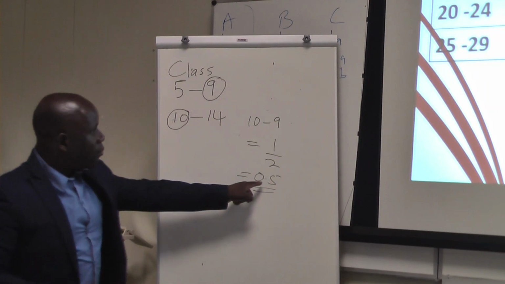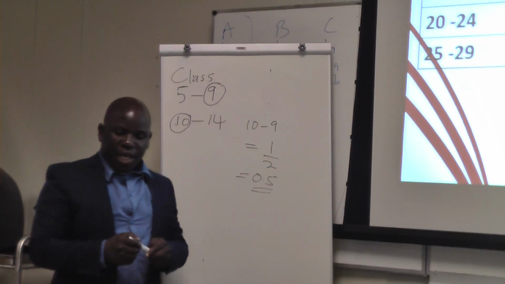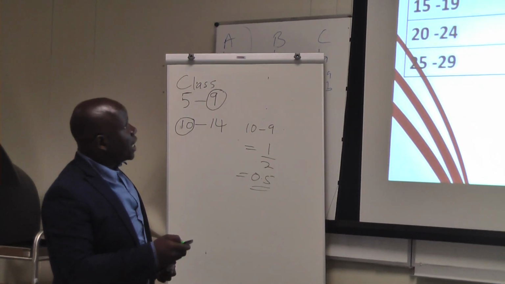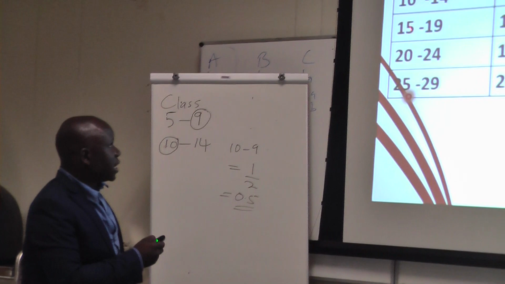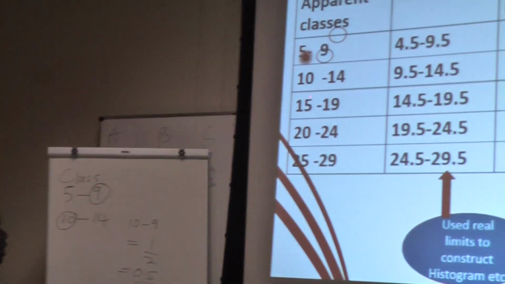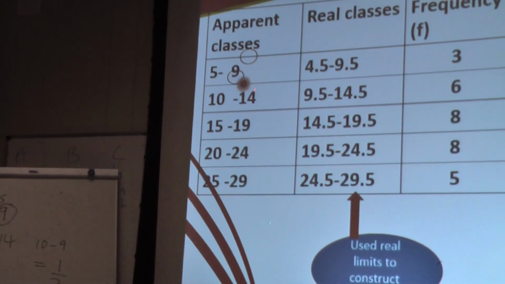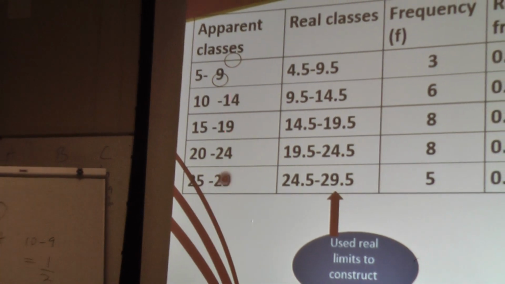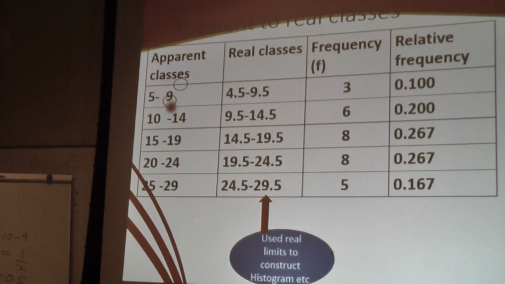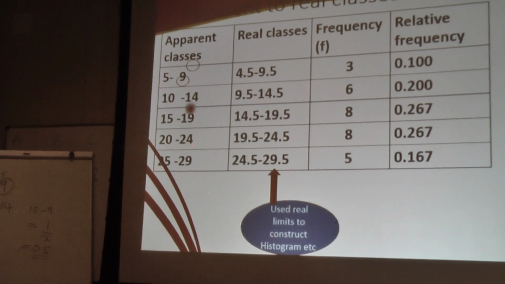So with your 0.5, you subtract 0.5 from each of the lower limits of the apparent classes. And you add 0.5 on each of the upper limits. In other words, you are getting the class boundaries, the lower class boundaries and the upper class boundaries.